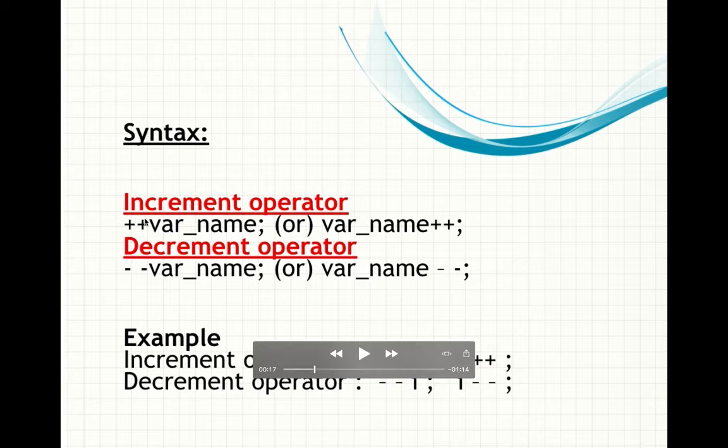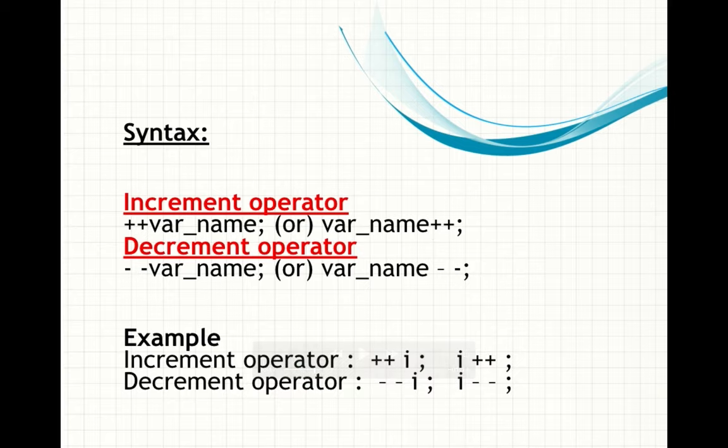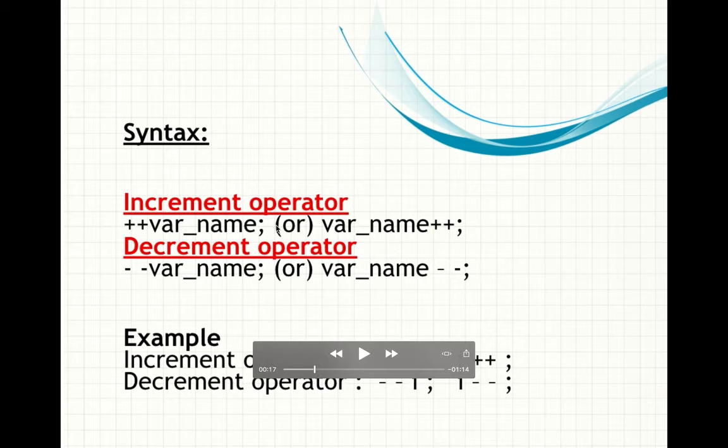So it could be pre-increment or it could be post-increment. That is, increment after the variable is called post-increment. Increment before the variable is called pre-increment. Similarly, with the decrement, two minus: this is pre-decrement, this is post-decrement.